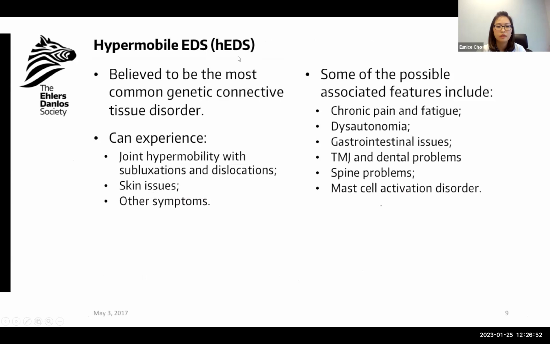Hypermobile EDS is the most common type, and patients can experience hypermobility, skin issues, and other symptoms. The hallmarks of their symptoms are chronic pain and fatigue, dysautonomia, GI issues, TMJ and dental problems, spine problems, and mast cell activation disorder.